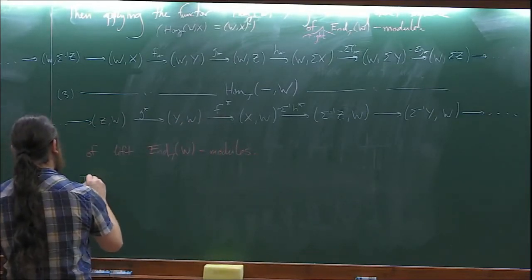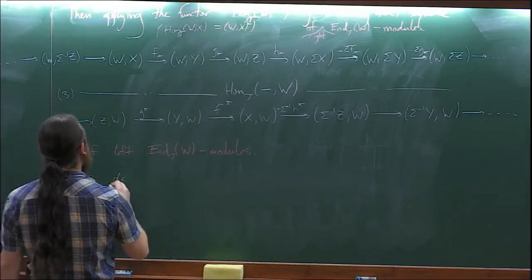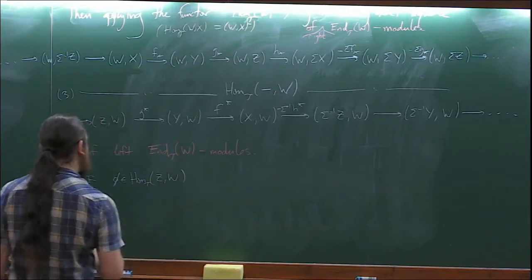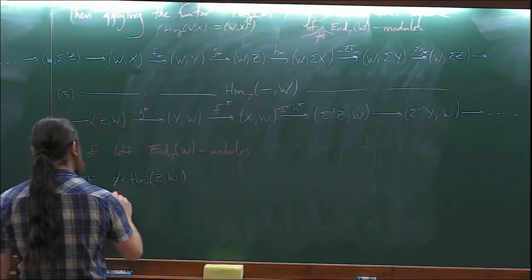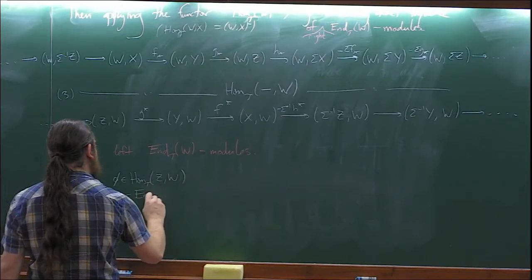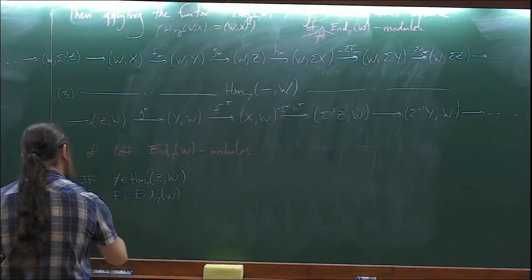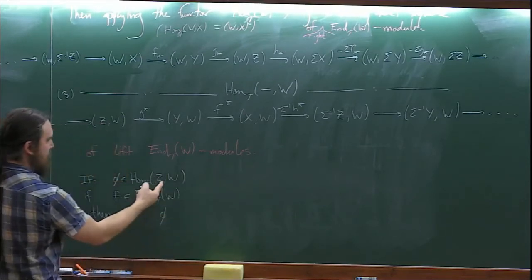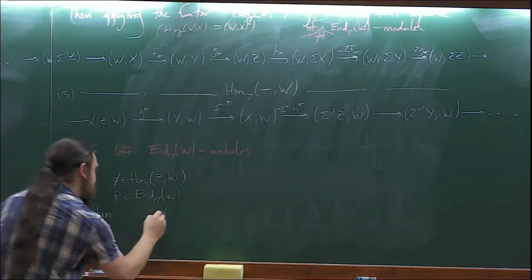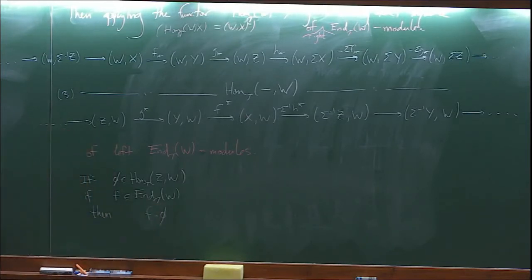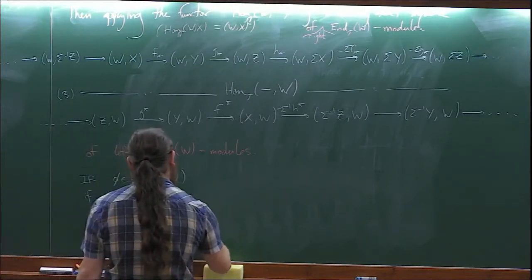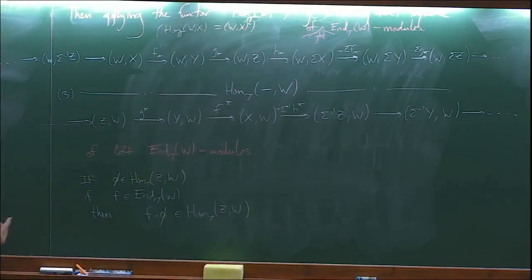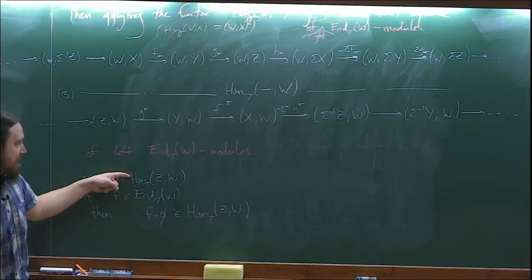So if I have a morphism, say phi, in Hom from Z to W, and if I have a morphism, say F, from W to itself, then if I first apply phi, that goes from Z to W, and then I apply F from W to W, this gives me a morphism from Z to W. And this is the left module structure of this space over this algebra.